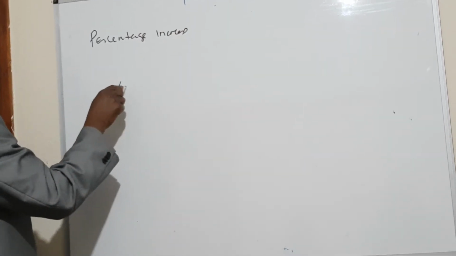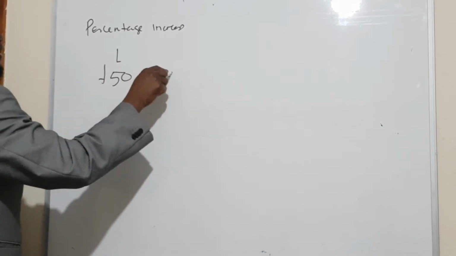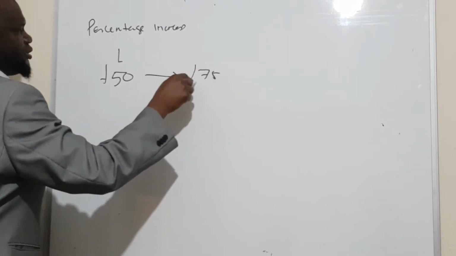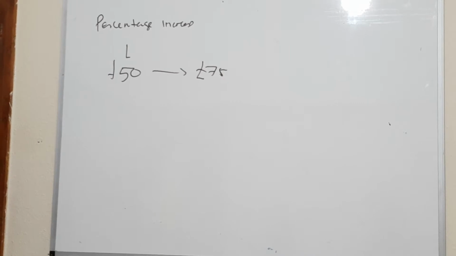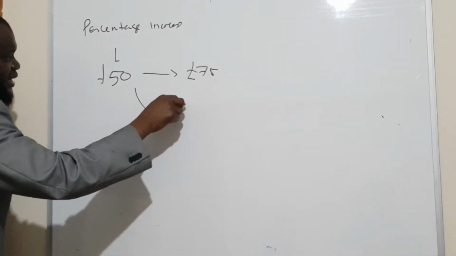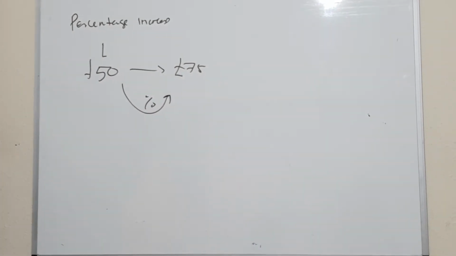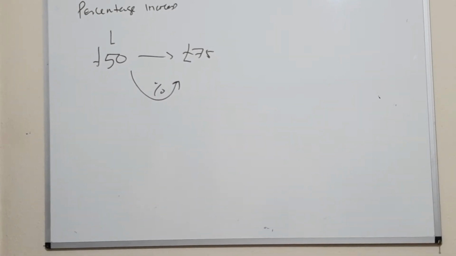If the price of something was £50 before, it increased to £75. By what percentage has this been increased to give you 75? 25, I think. That's what you call percentage increase.